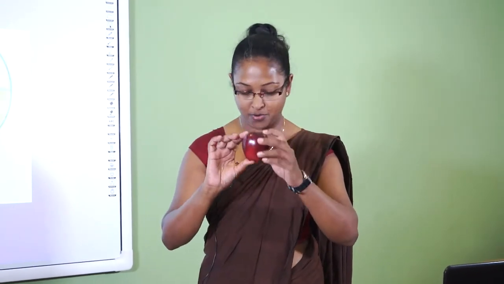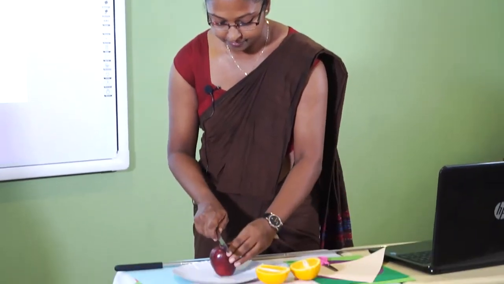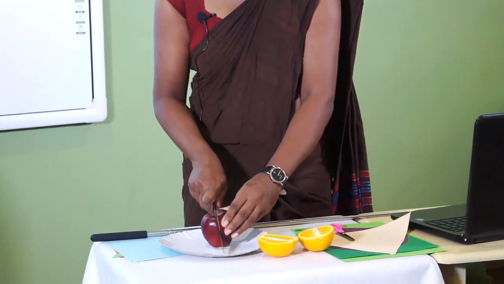Let's divide this apple into halves. Okay? Now I cut the apple into two equal parts. Now you know the name. How do we call one part when one whole is divided into two equal parts?